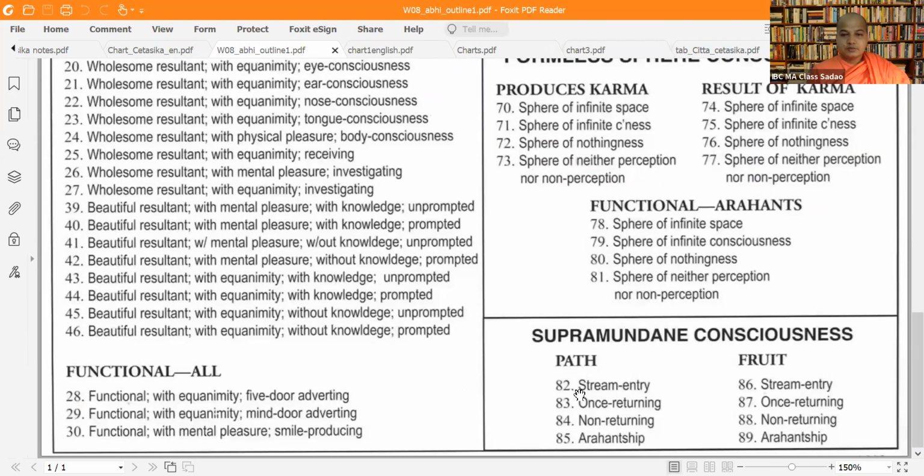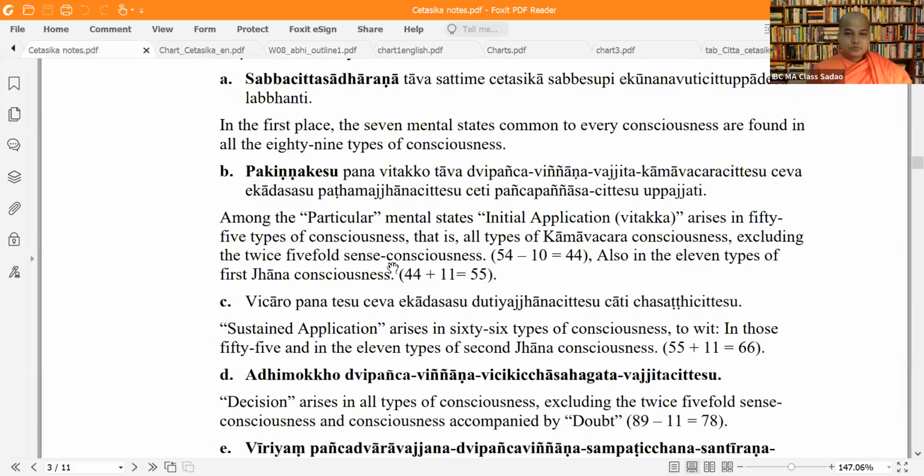So these are here, 82. 7 is here. It's written. Yes, so this way you can look at the list.